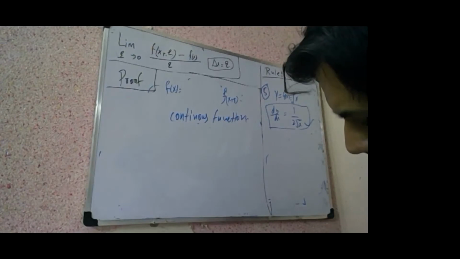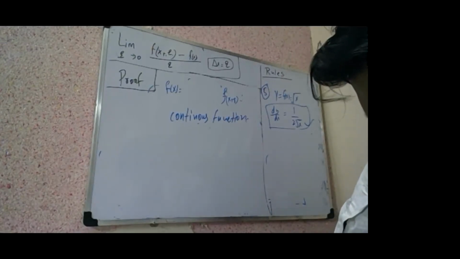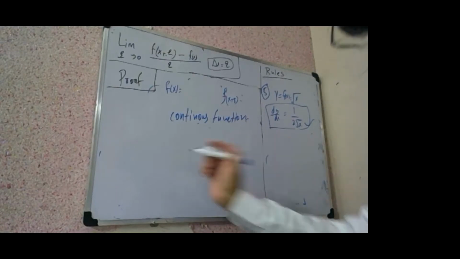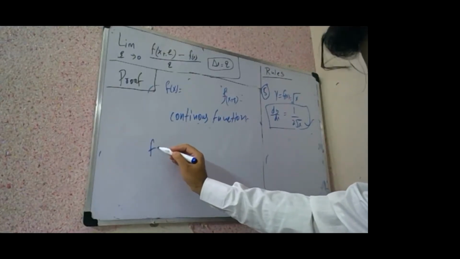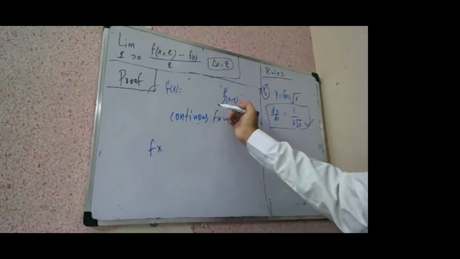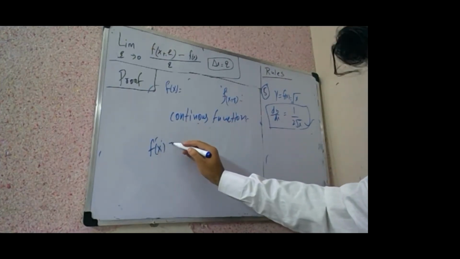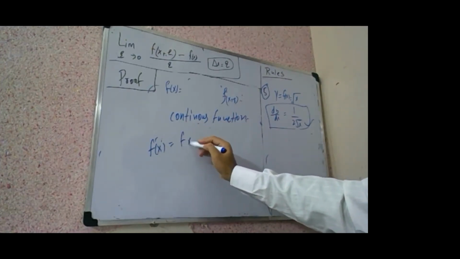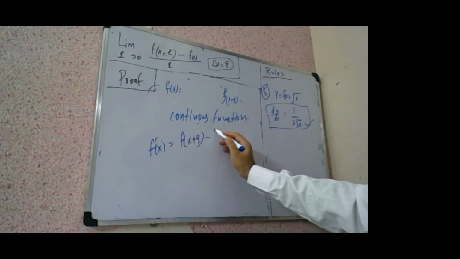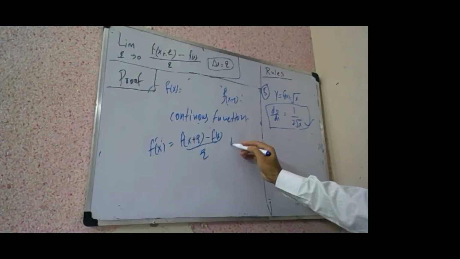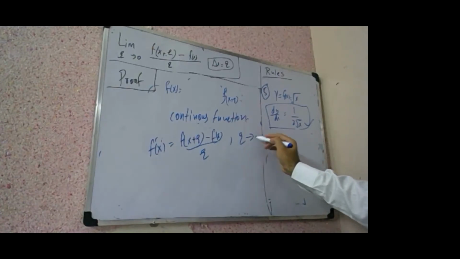How do we know that it is continuous or not? So let's say function of x, we know f prime x or dy by dx equals f of x plus epsilon minus f of x upon epsilon. So now we know that this epsilon tends to 0.